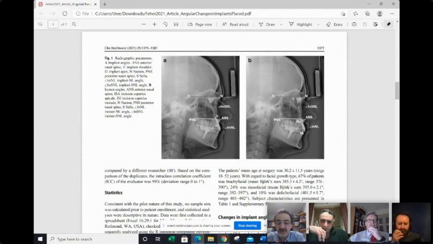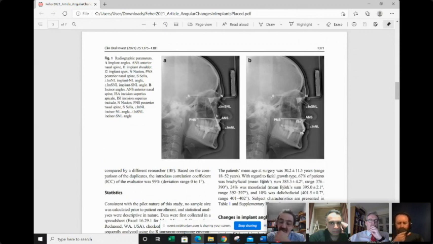The secondary outcome measure was the NL angle. 50% of implants showed some similar range of rotational changes, but in the NL angle. So the changes in the NL angle at the alveolar area were smaller than the SNL angle in terms of prevalence of changes in angle.